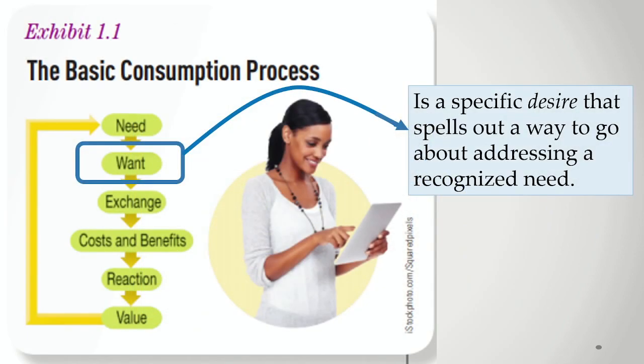Now, when we look at the want in this consumption process, remember that what I want is a specific desire that spells out a way to go about addressing a recognized need. Okay? And when it comes to want, a consumer feels a need to stay in touch, to belong, to socialize, to feel good about him or herself.